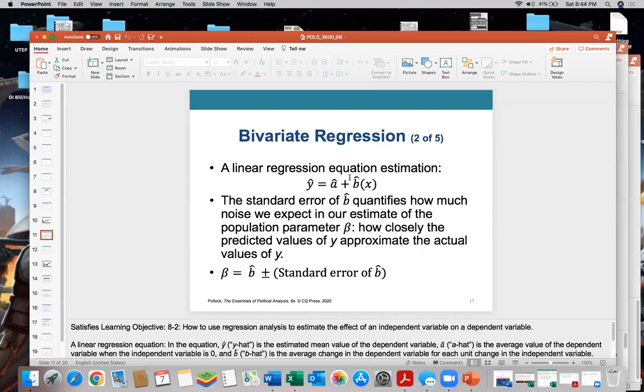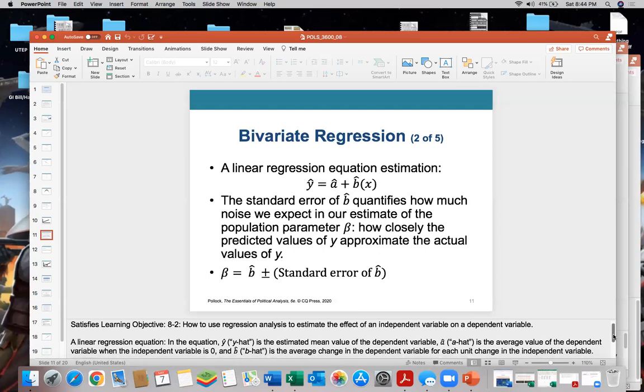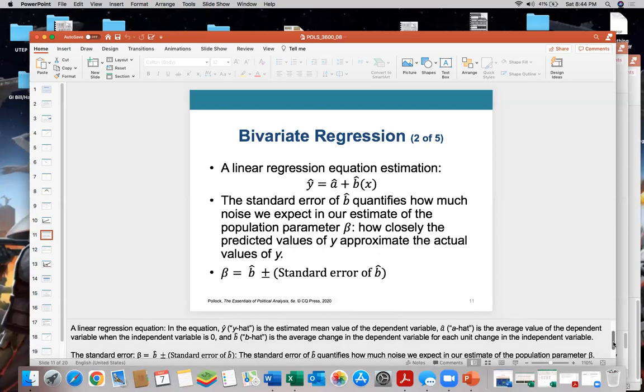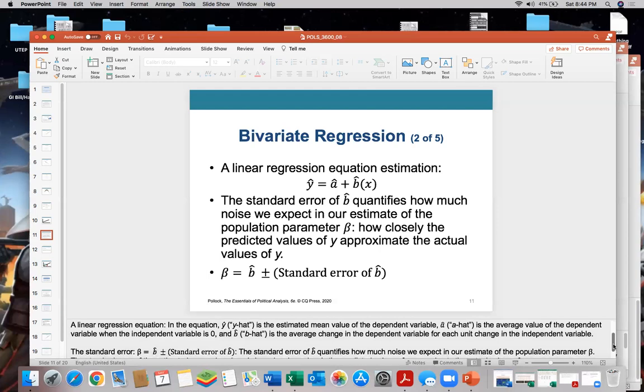If you're given this value of x, then your y should equal this, but because of the difference in your error, you get a difference. So, in the linear regression equation, the y hat is an estimate.